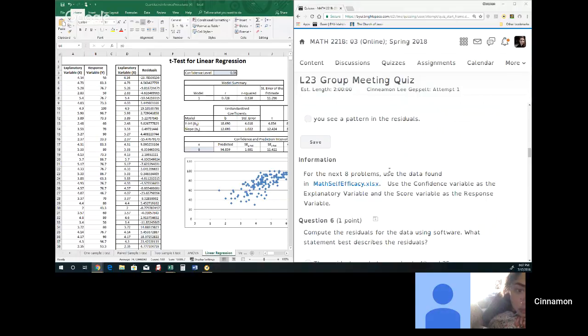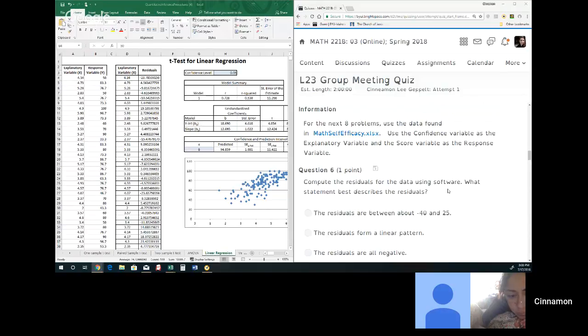For the next 8 problems, use the data found on math self-sufficiency. Use the constant intervals as explanatory variables, so I did that, and I put in the y. It says, compute the residuals for the data software. What statement best describes the residuals?